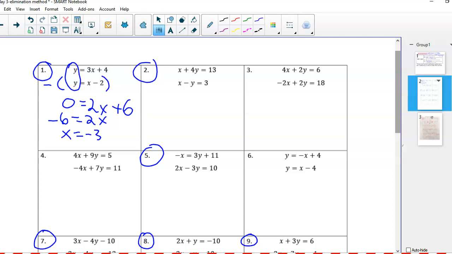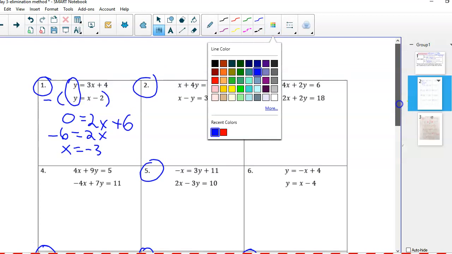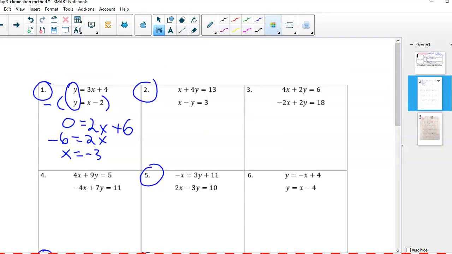Remember, with all of your systems, you need 2 things for it to be a solution, the x and the y, or the answers to both pieces. So we need to take this and put it in one of these. It does not matter which one. I'm going to put it in this bottom one so that we can find y. What is y?